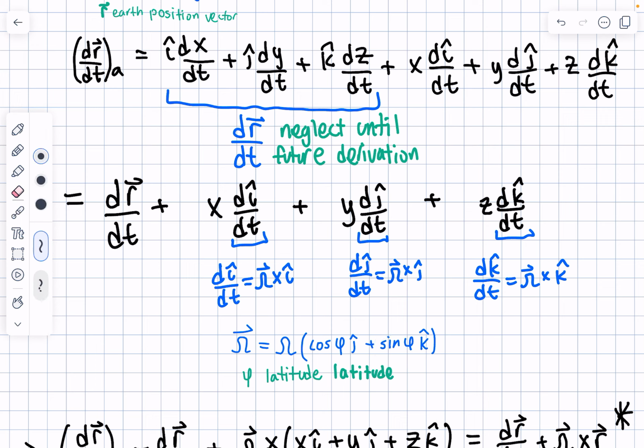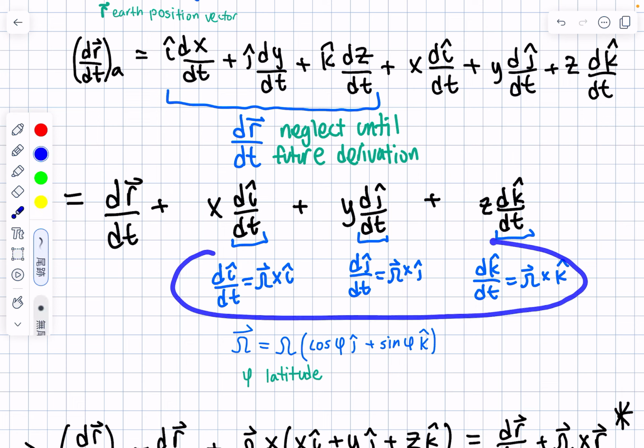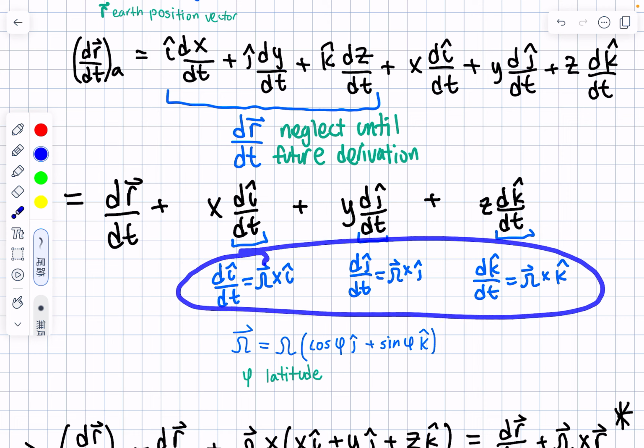And we will discuss in another video, first of all, why we define omega vector like this, and how these terms were solved for, what kind of method for getting these.